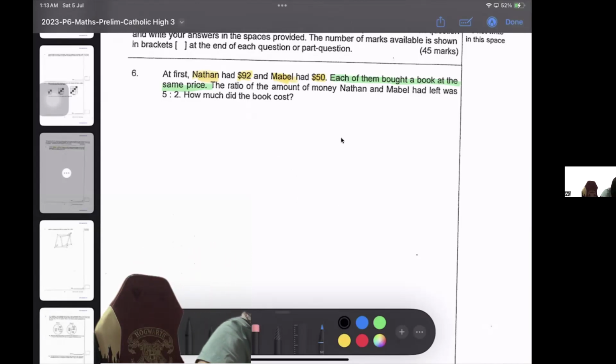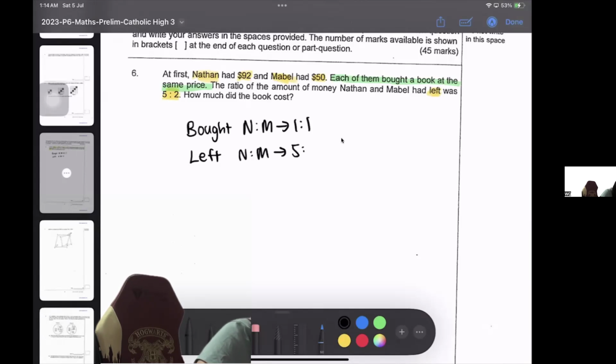So you must write what ratio you are writing, okay? This is bought. Bought, Nathan is to Mabel, is 1:1. Next one is the left. Okay, left, let's underline that. Left is 5:2. Left N is to M is 5:2.